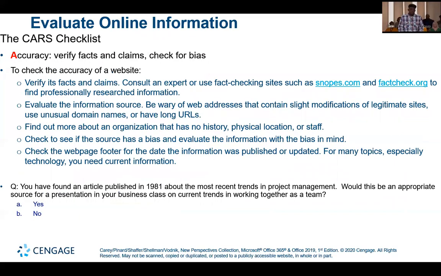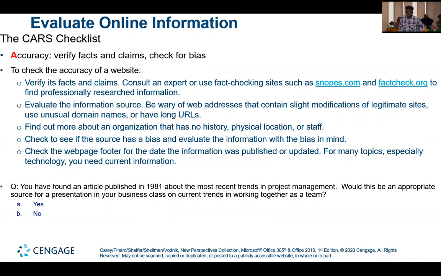Accuracy. Accuracy, verify the facts and the claims, check for bias. To check for accuracy on the website, verify its facts and claims, consult an expert, or use fact checking sites such as snopes.com or factcheck.org to find professionally researched information.